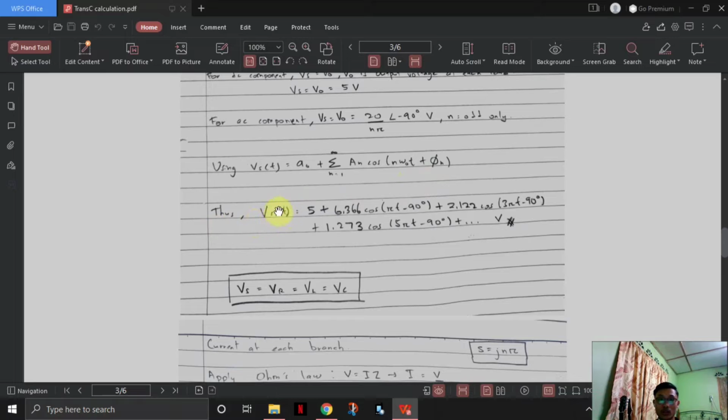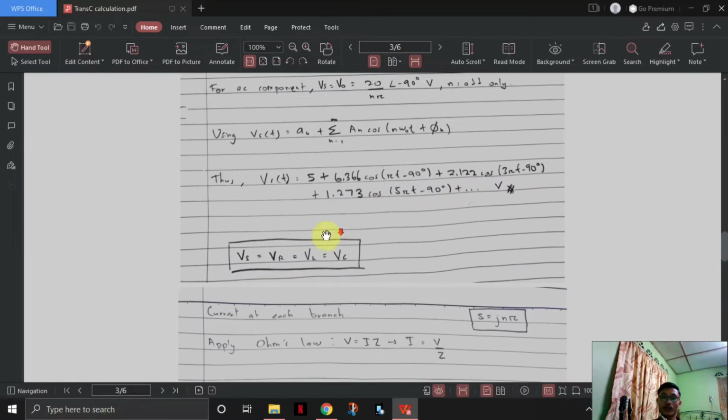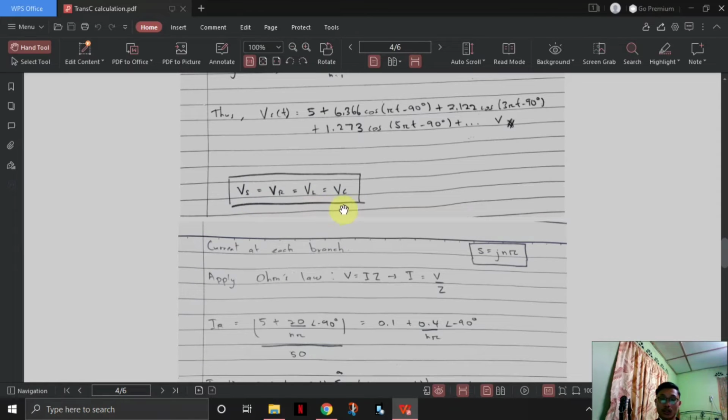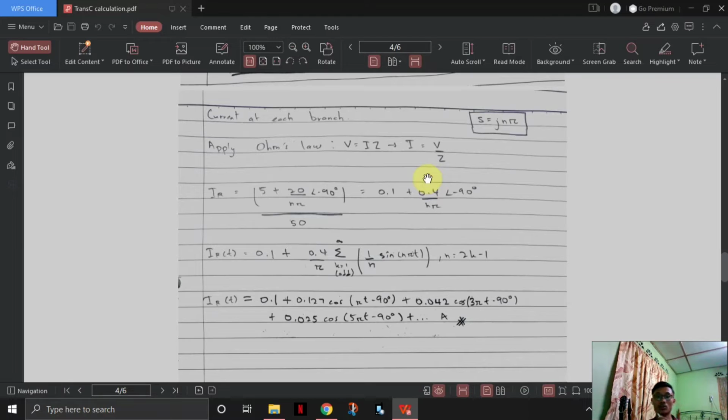So we'll get Vs equal to 5 plus 6.366 cos pi t minus 90 degrees, plus 2.122 cos 3 pi t minus 90 degrees, plus 1.273 cos 5 pi t minus 90 degrees, and so on. We know that it is a parallel RLC circuit, so Vs is equal to Vr equal to Vl equal to Vc. So next, we need to find the current of each branch.